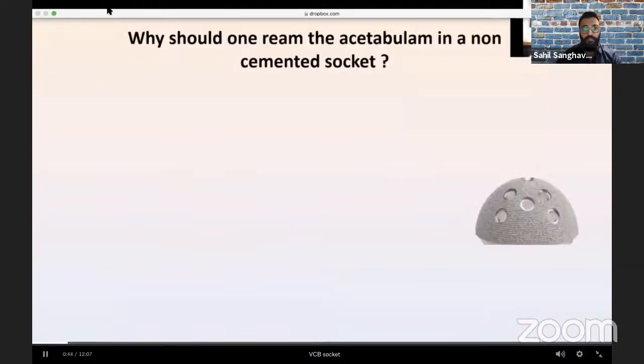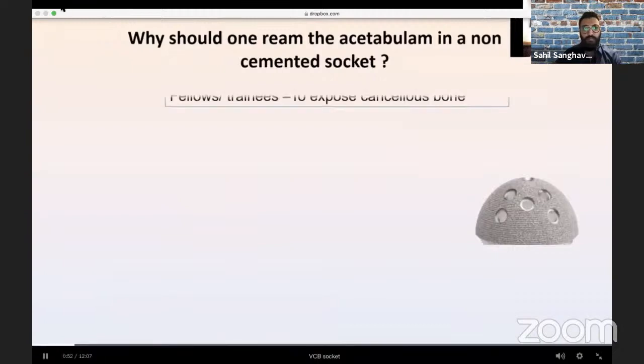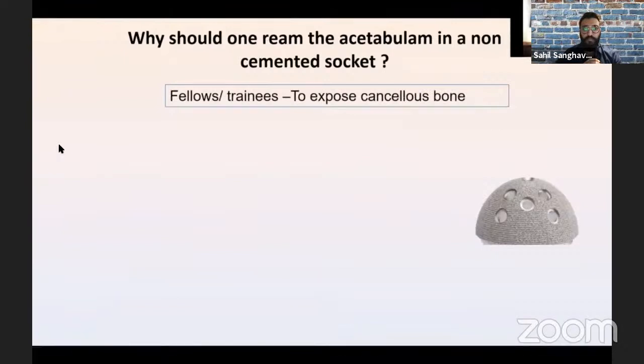The first question one should ask is, why should one ream the bone in a non-synthetic socket? Now, when I ask this question to trainees and fellows who come, the invariable answer is they say to expose the cancellous bone. Now, exposing this cancellous bone is of course important because in a cemented socket it allows interdigitation of the cement with the bone. However, for non-cemented sockets, the reason to ream is not to expose the cancellous bone. Then why should you ream? There are three reasons.